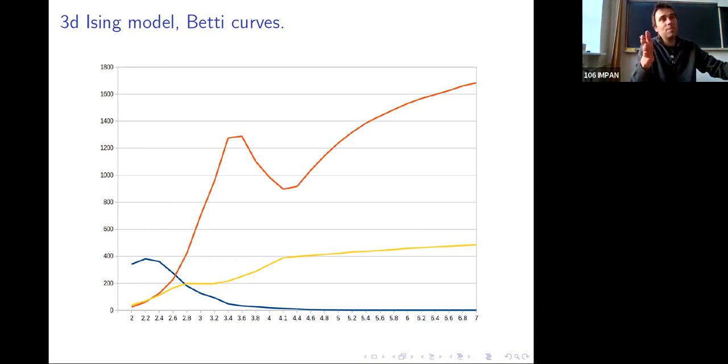The question is, what does that mean? It's not precisely defined, but we just start from a random initial condition, with a certain number of ups and a certain number of downs, which actually gives the Hamiltonian, and let the system evolve according to the Hamiltonian. At some point, it stabilizes, probably in some local minimum.